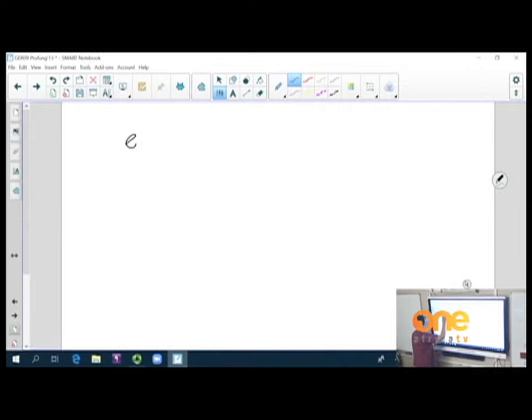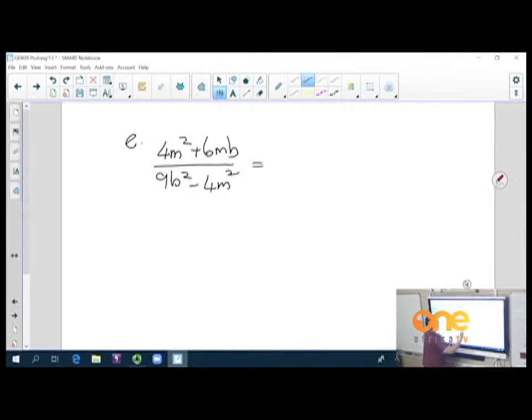Number E. 4m squared plus 6mb over 9b squared minus 4m squared. Factorize. The top one will be the highest common factor, so I can take out 2m, divide, then there remains 2m plus 3b.